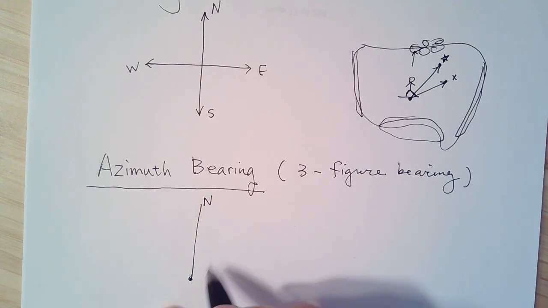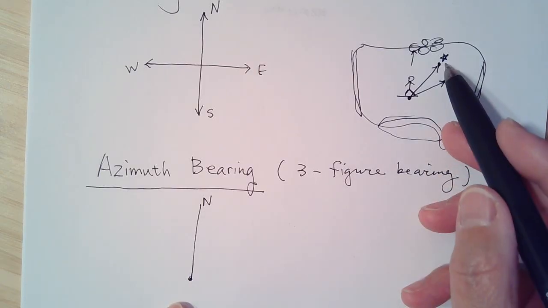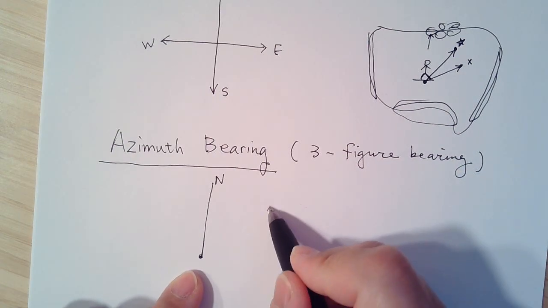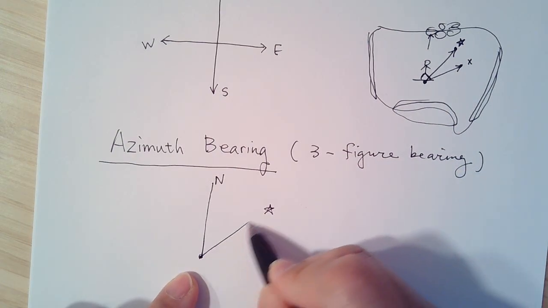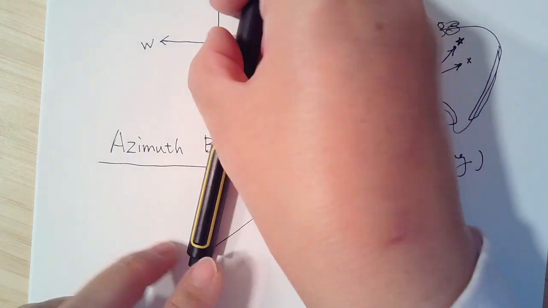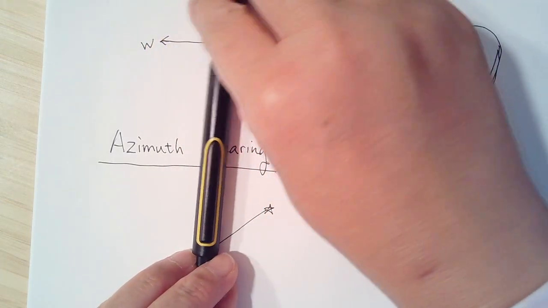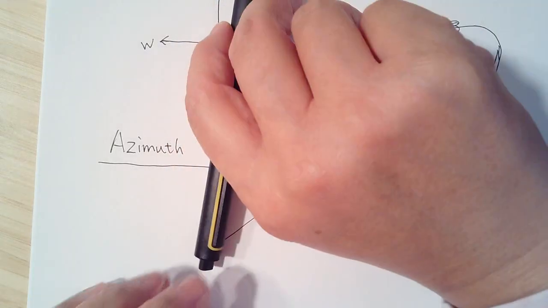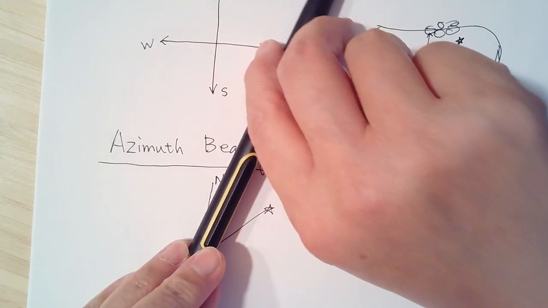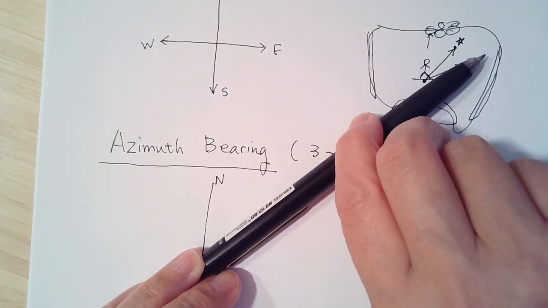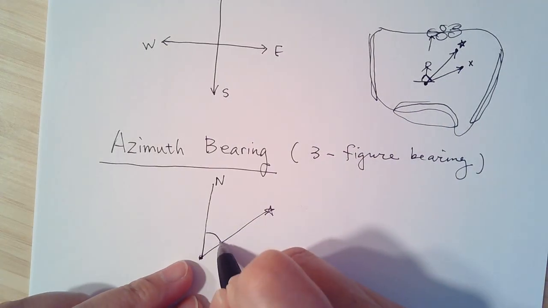And then if you want to describe something, for example, this little star here, you always move, look at what I'm doing. I'm going to move my pen from north, pointing north, and then go clockwise to find the star. Let's say this is 40 degrees.